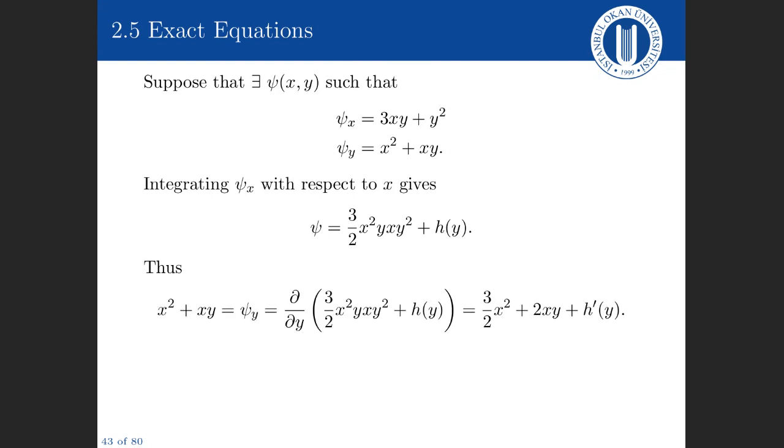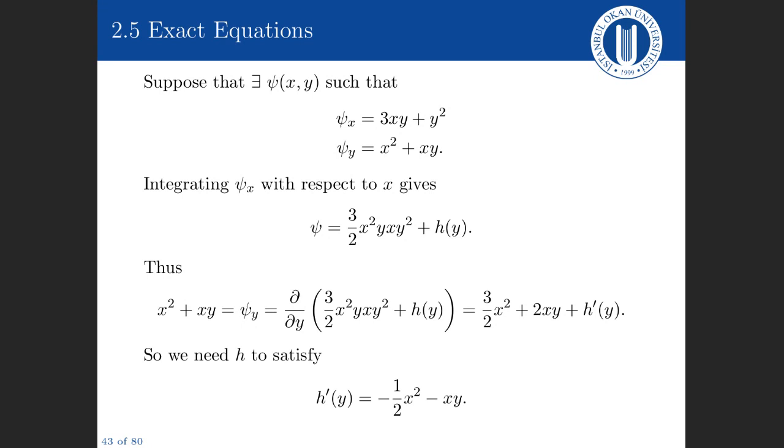And then differentiate with respect to y to get (3/2)x^2 + 2xy + h'(y). But we already know that psi_y is x^2 + xy. Rearranging this, we need to find h of y. So h'(y) is minus a half x^2 minus xy.